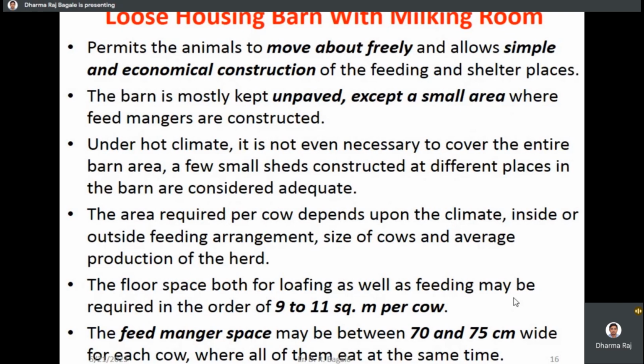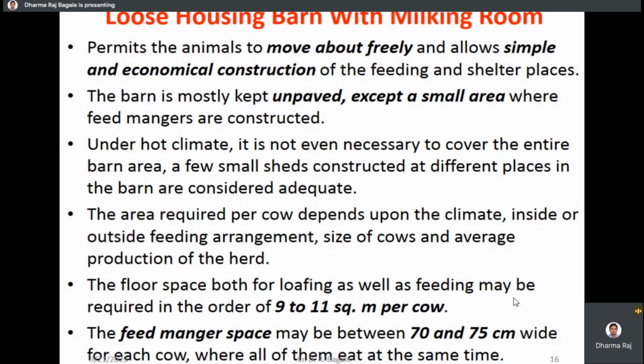All these things are mainly for the stall barn or general housing system. And in case of loose housing barn with milking room, here I already mentioned the animals are left free to move in a confined area, confined by fences.